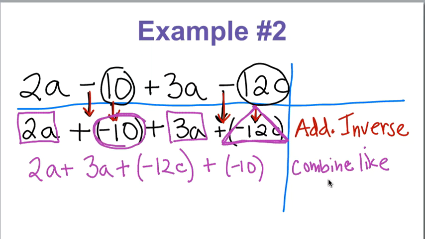Combine like terms. Nope, that's not correct. We commuted. Sorry. Commutative property of addition.